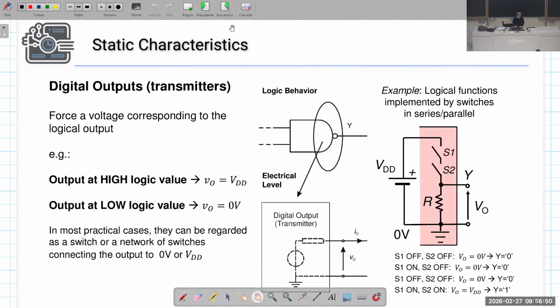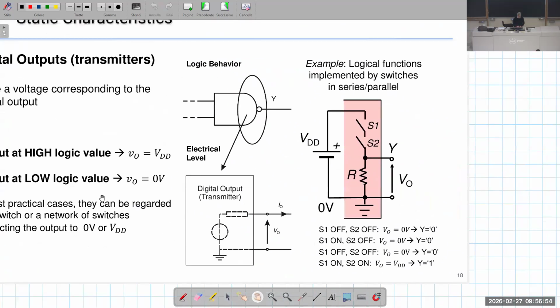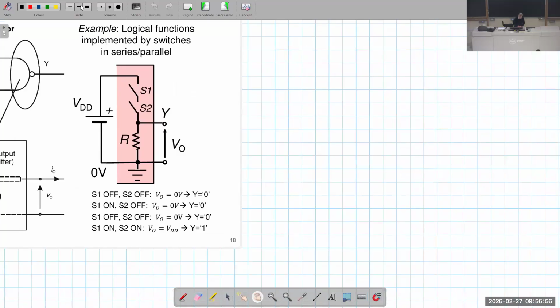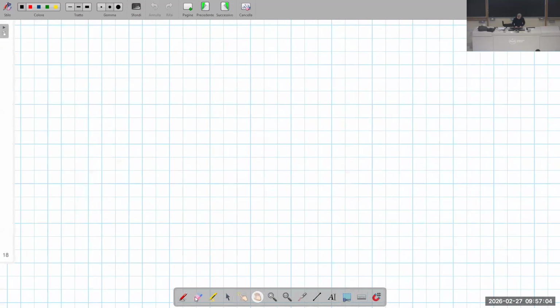If we consider networks in which we have switches connected in series, let me do this from scratch. Let me introduce another notation.